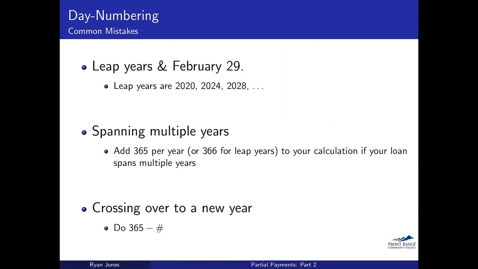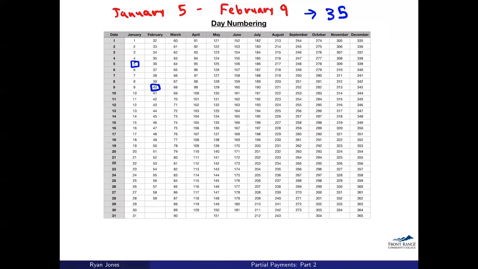And so if we were to be looking at the number of days between, say, let's edit this example yet again, between January 5th and let's say March 9th. Well, we would take a look at January 5th. I have it boxed right there. And then March 9th is right here. We would do 68 minus 5, and that's 63 days.